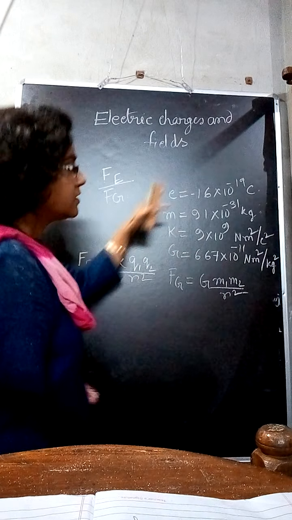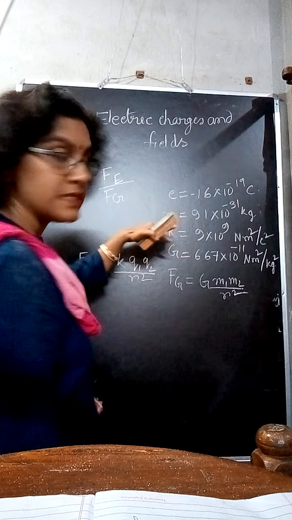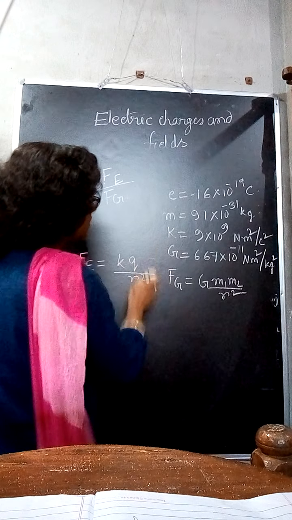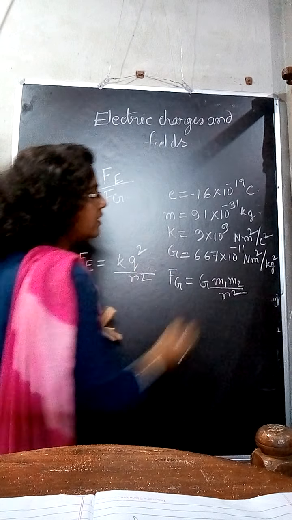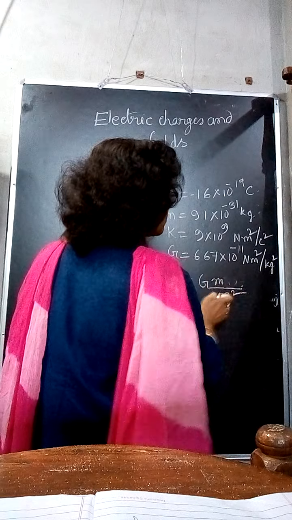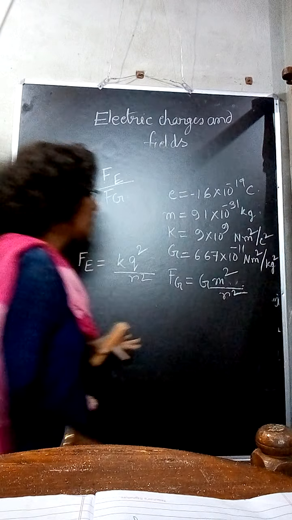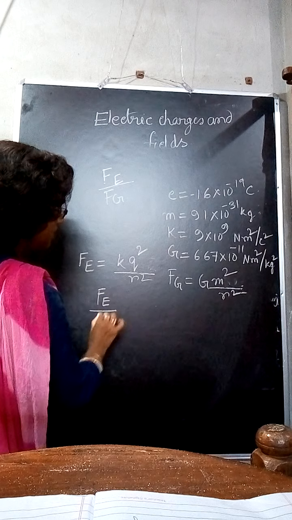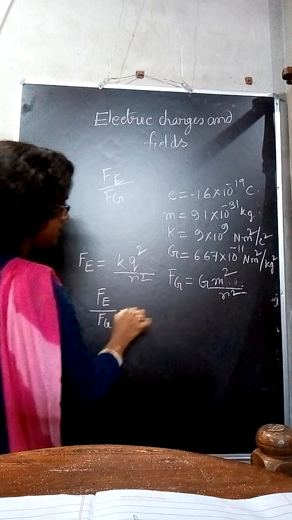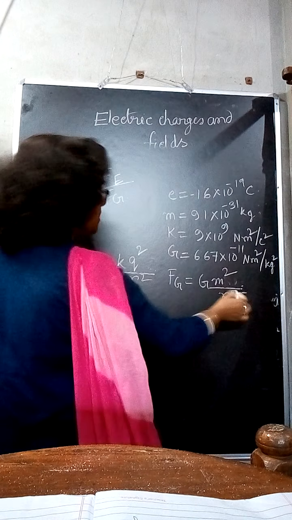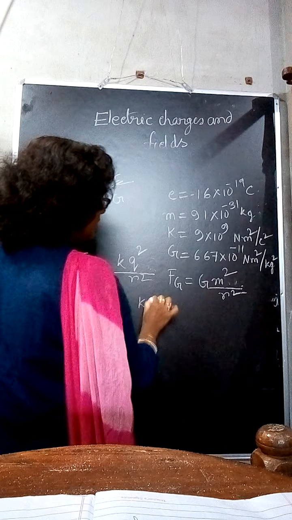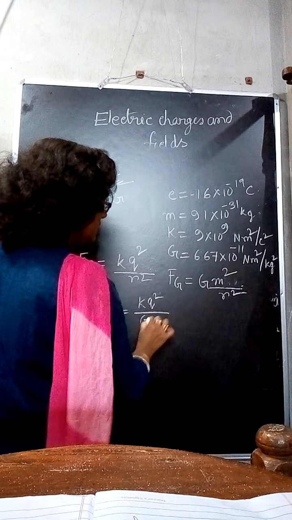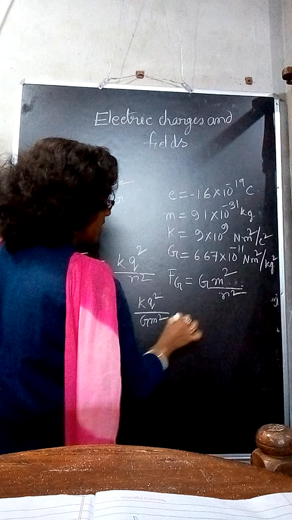But here both bodies are electrons, so their charges will be equal, that is Q square, and their masses will also be equal, that is M square. So the ratio FE by Fg is equal to, R square being cancelled, K Q square by G M square.